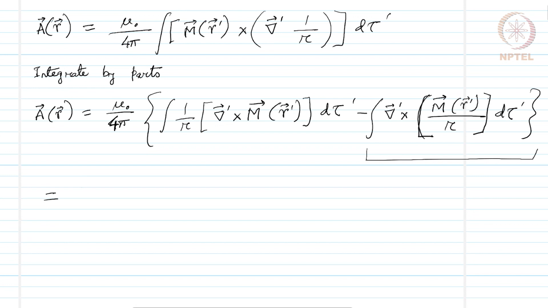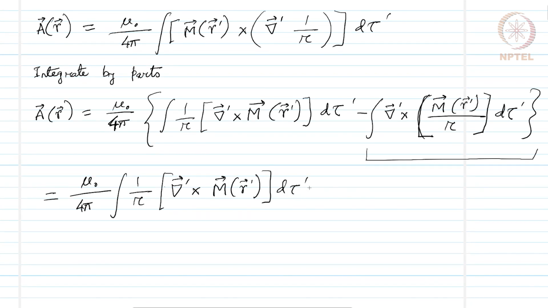We can do this as mu naught over 4 pi integration 1 over r, curl of M of r prime, d tau prime, plus mu naught over 4 pi closed surface integral of 1 over curly r, M, that is a function of r prime, cross dA prime.